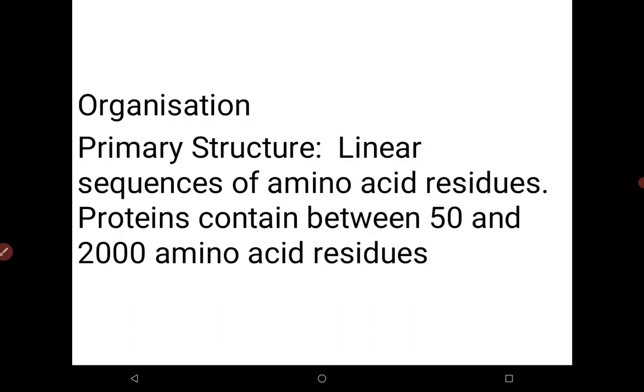That is the organization of these proteins, the way the protein is organized. When we look at organization, even in a company, we're looking at how something is built, starting from the primary.